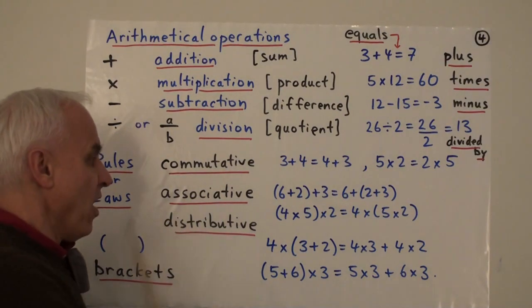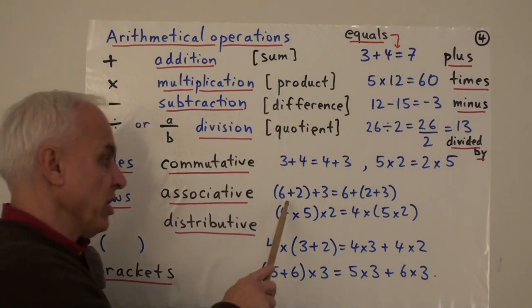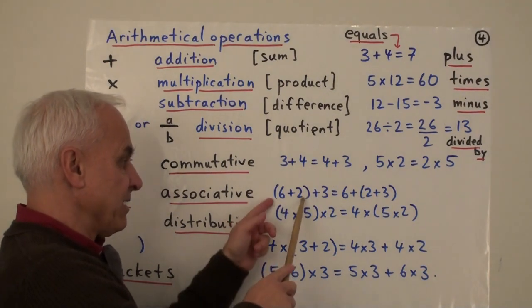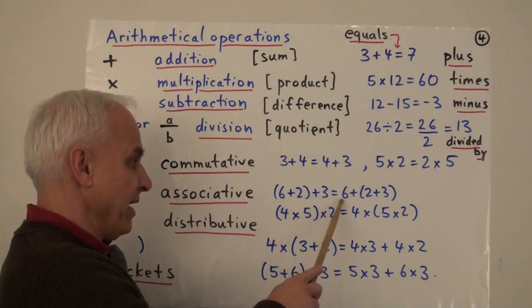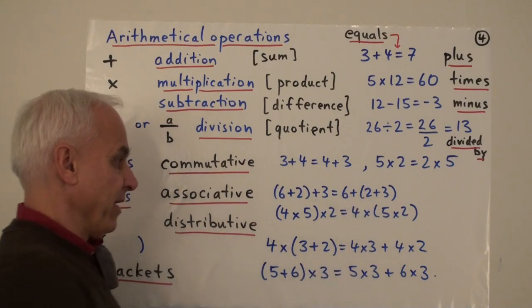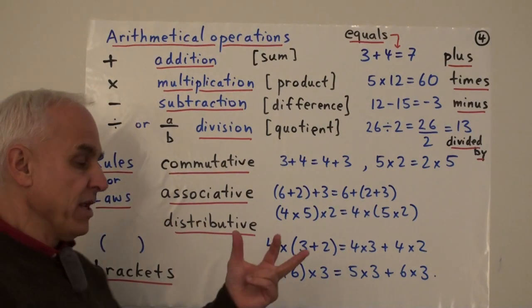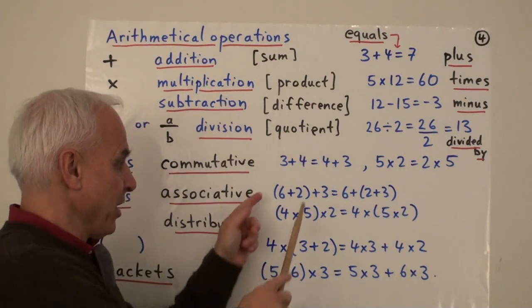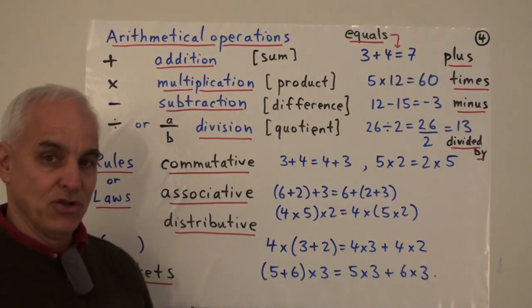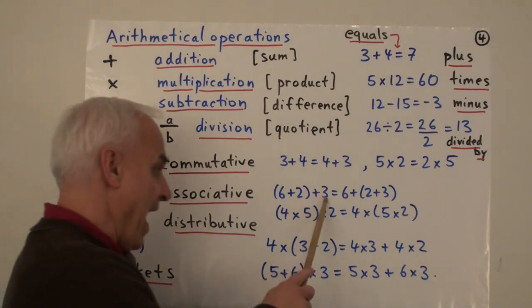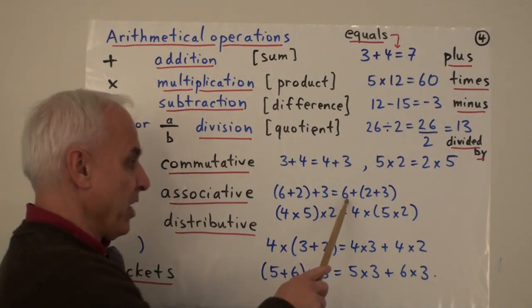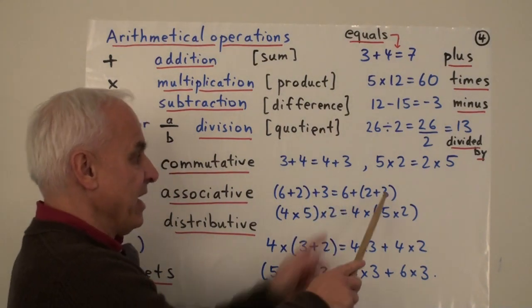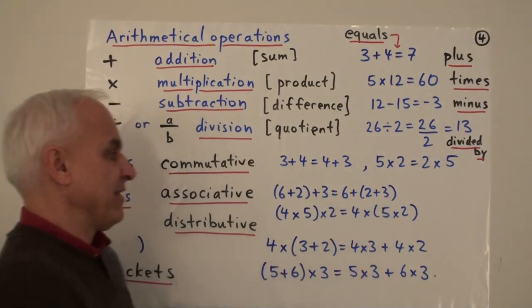The associative law for addition is like this. 6 plus 2 plus 3 equals 6 plus 2 plus 3. We can only combine 2 things at once. Here we're combining the 6 and the 2 first, and then adding 3. Over here we're taking 6 plus the sum of 2 plus 3.